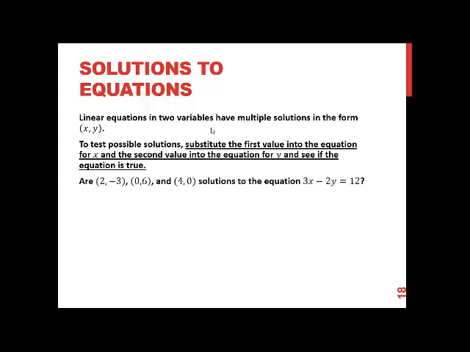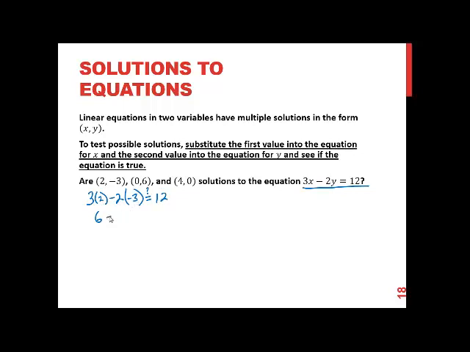Let's look at 2, -3, 0, 6, and 4, 0. Are these solutions to the equation 3x minus 2y equals 12? I'll just put them in. 3 times 2 minus 2 times -3 equals maybe 12. 3 times 2 is 6.